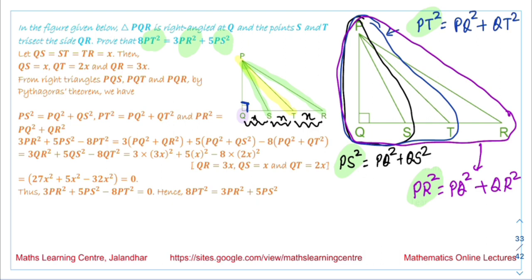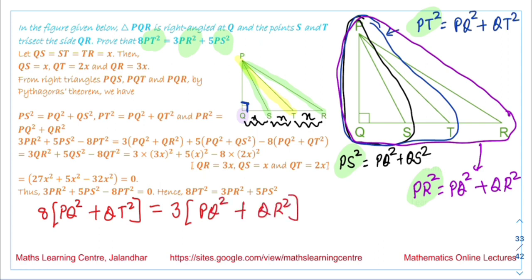So what we get is that 8 times PT square means 8 times PQ square plus QT square. We are saying this should be equal to 3 times PR square, which is PQ square plus QR square, plus 5 times PS square, which means PQ square plus QS square.